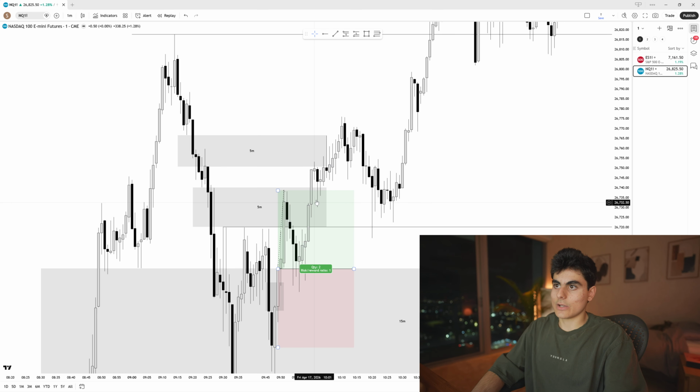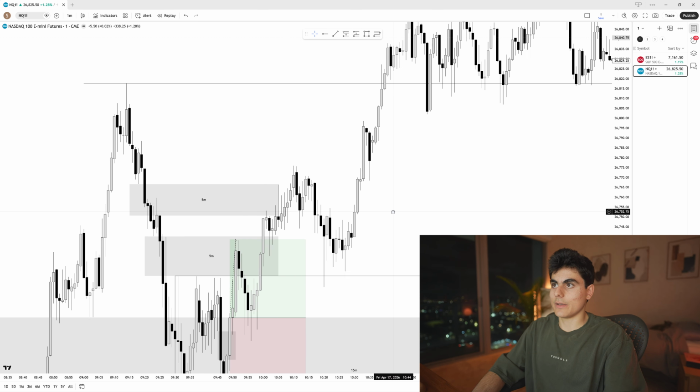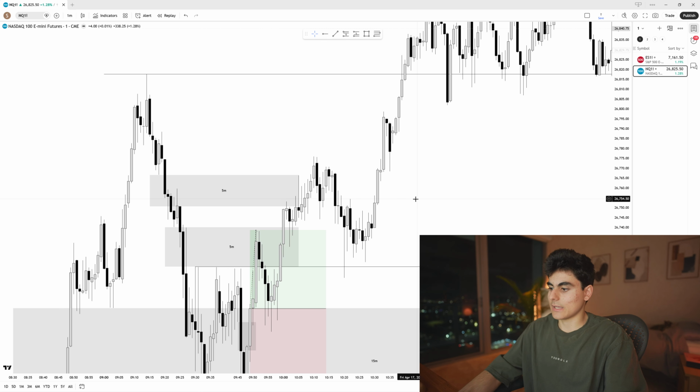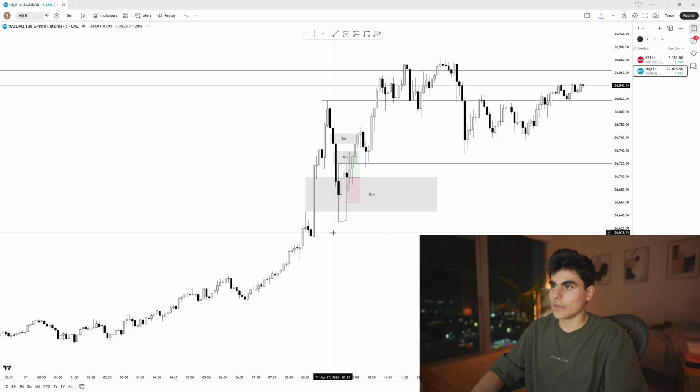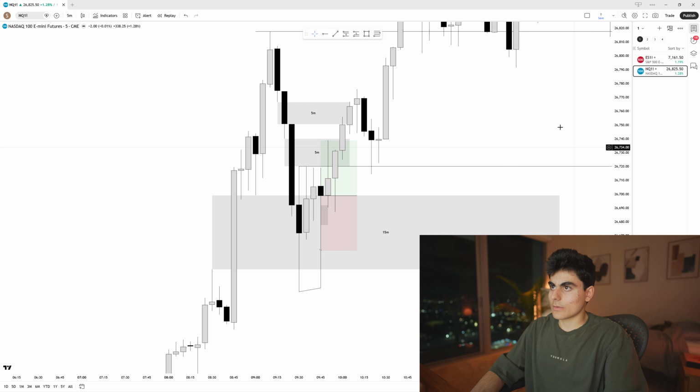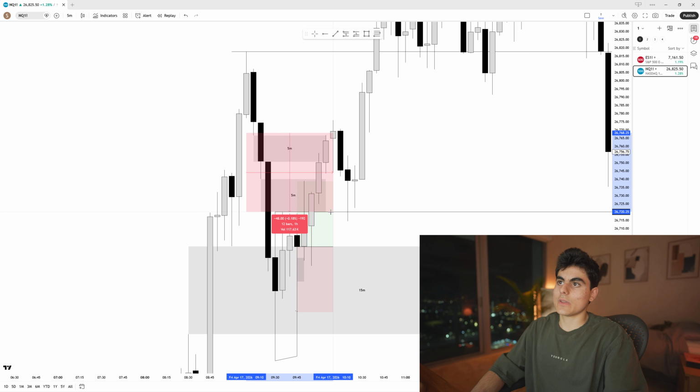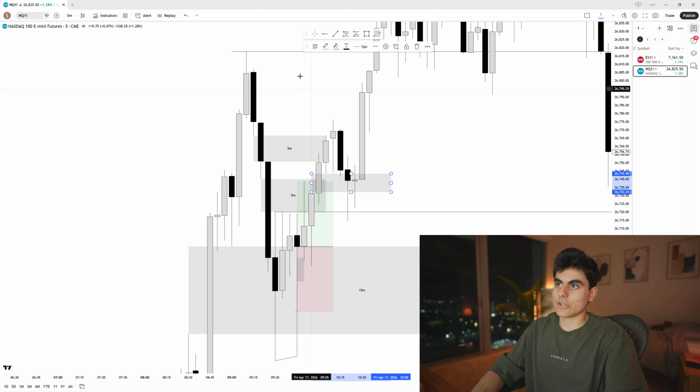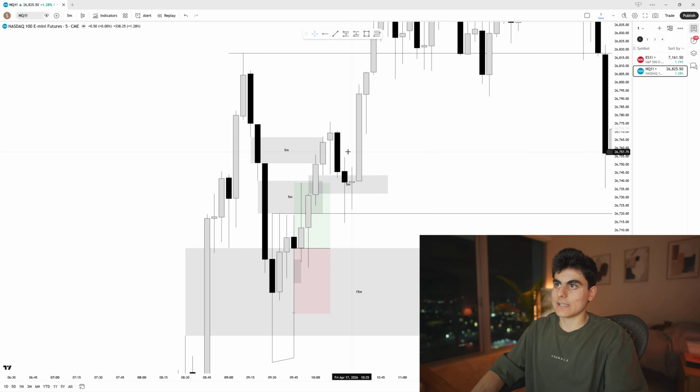After that, we got chop. We went lower and then higher. Once we inverse these two, then you could say, all right, this is my new condition, this 5 minute, I'm waiting for price to tap it and see what happens.